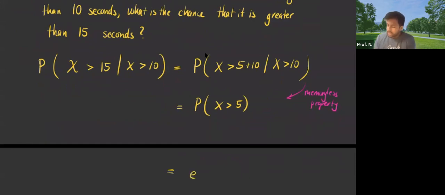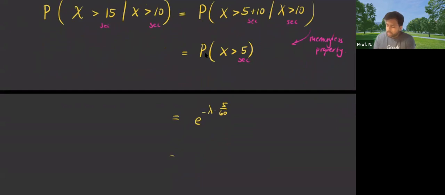So this is going to be e to the negative lambda times 5. Well, be careful, because 5 is seconds. All this is seconds, and the way our random variable is defined is by minutes. So 5 seconds is not the right entry here. It should be what? 5 over 60, which is a 12th of a minute. So what happens when we have e to the negative lambda times 1/12? But lambda was again what? 1 over 0.43 times 1/12.